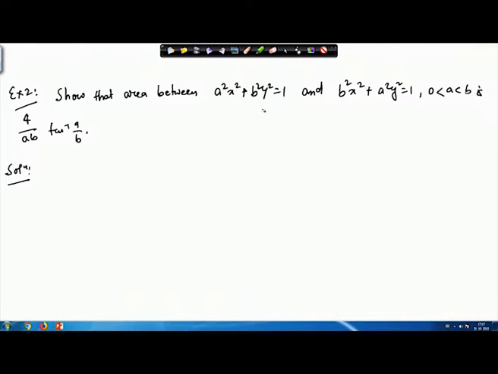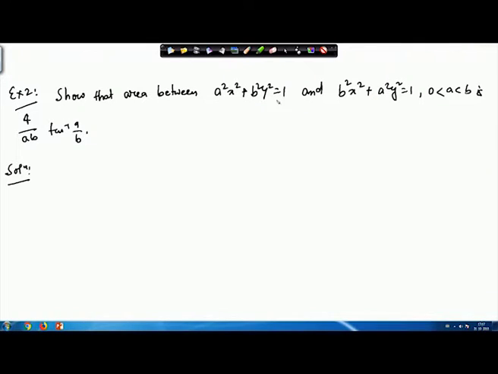Actually, we don't have to multiply anything. We can write x²/(1/a²) and y²/(1/b²), and that will be sufficient. So we don't have to divide anything.